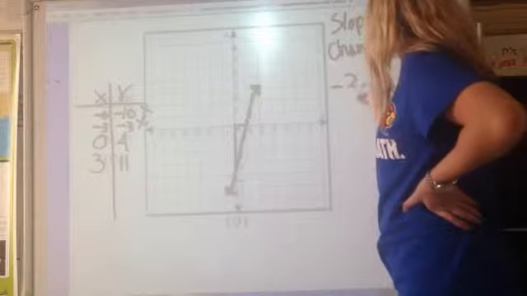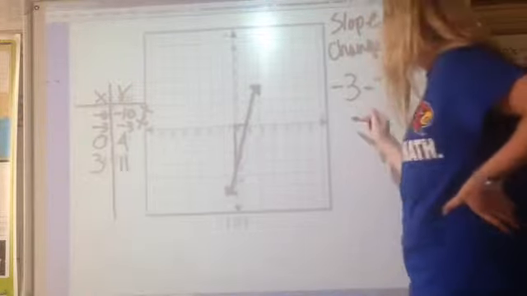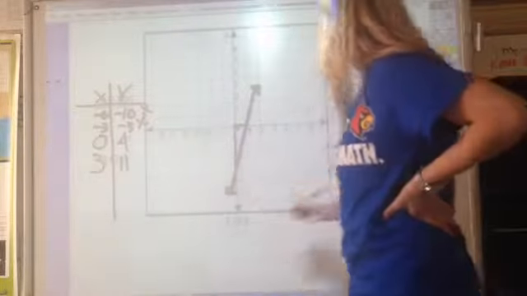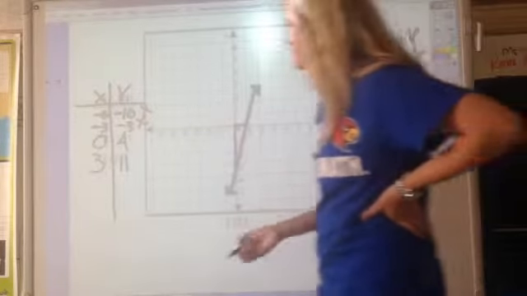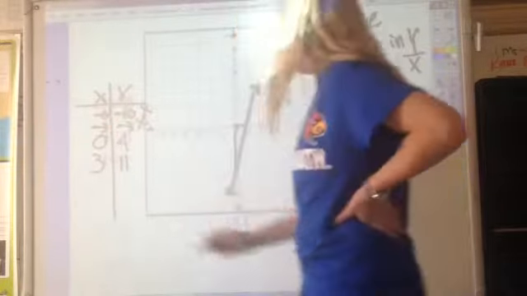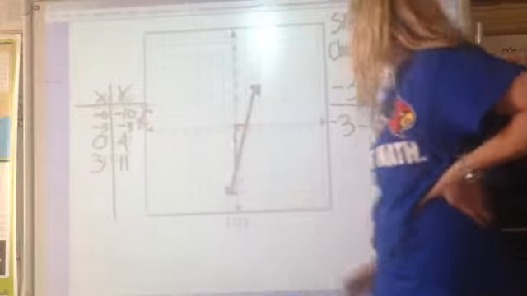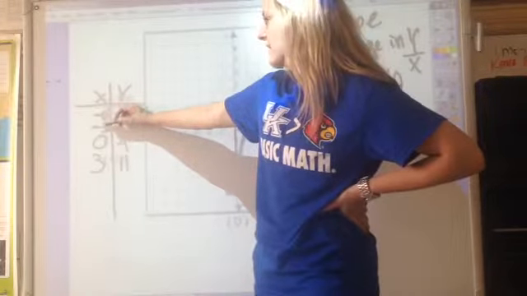So if I have -3 minus -10, be very careful there, and then I'm going to take my change in x, which is -3 minus -6. And again, I got my top numbers from my first two values of the y side of my table, and my bottom numbers from the first two values of my x value side of the table.